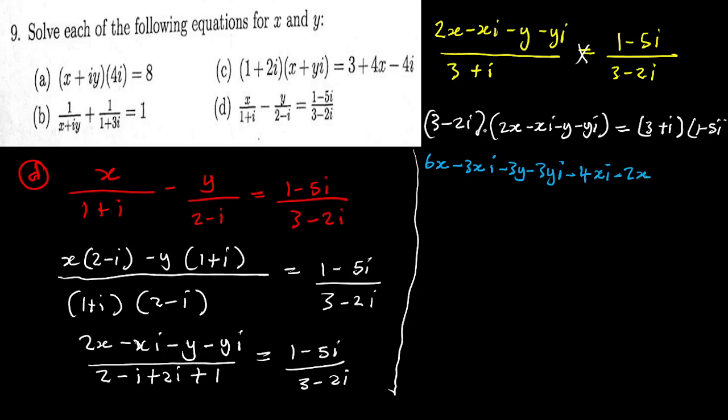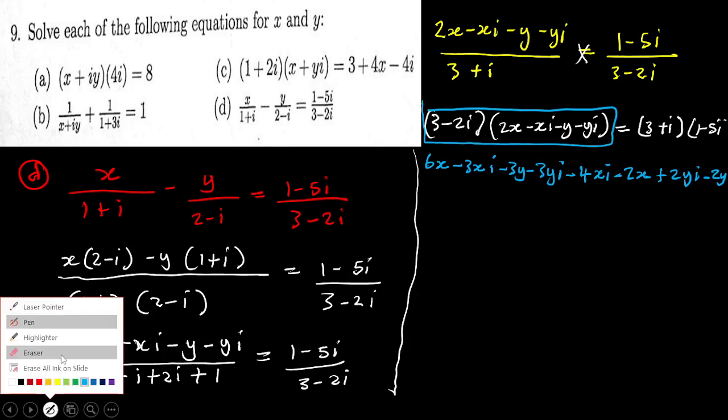Then you say negative 2i times negative y, negative times negative is positive, so this will give you 2yi, right? Then negative 2i times negative yi, positive, then that will be negative 2y, right? Negative 2y. So this blue guy is coming from this expansion there.